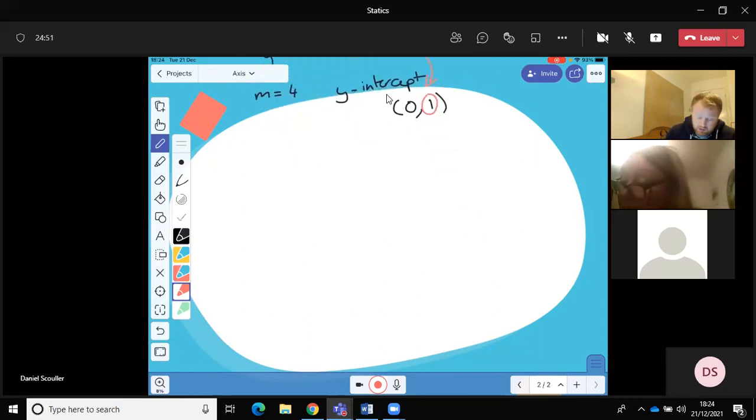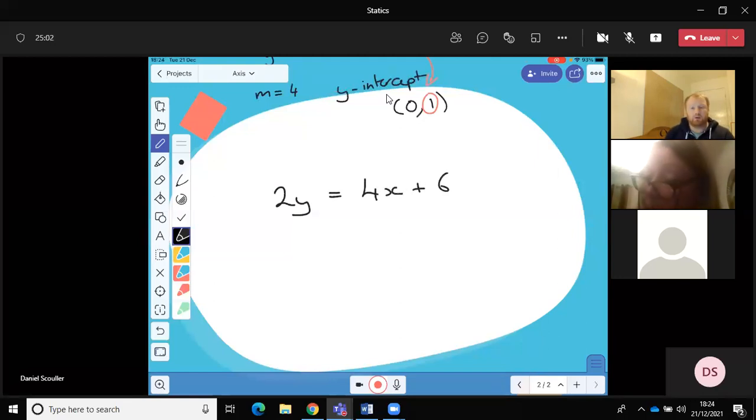Okay, so let's have a wee look at something a wee bit more complicated. We had 2y equals 4x plus 6, and we were wanting to leave that in the equation of a straight line. We'd want to take that 2 over to the other side and leave y on its own.